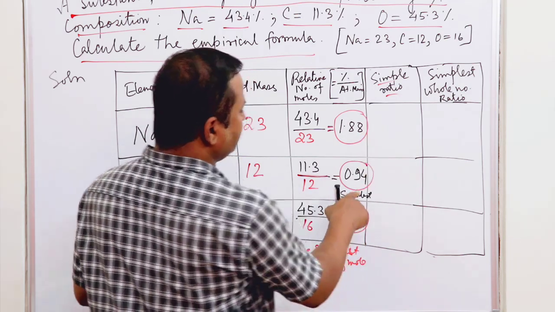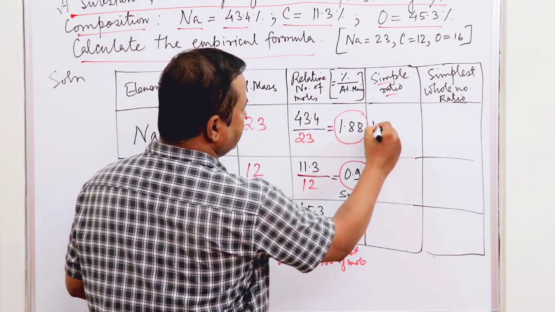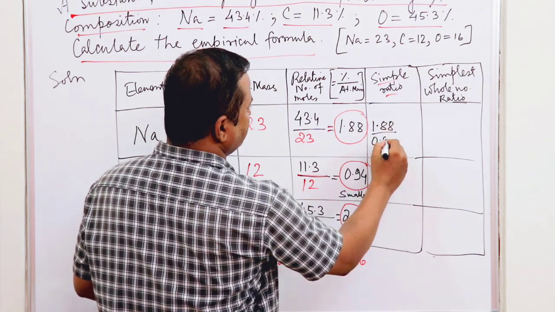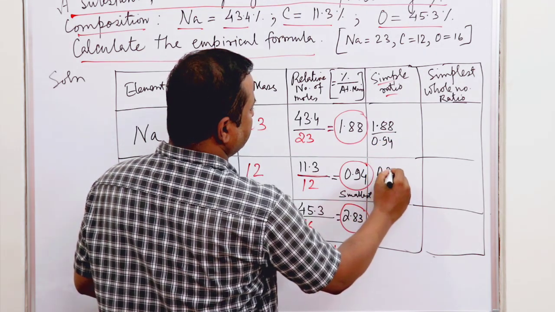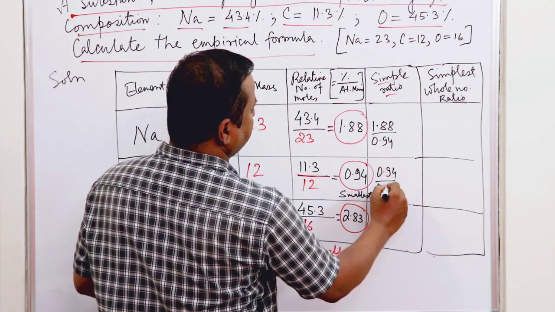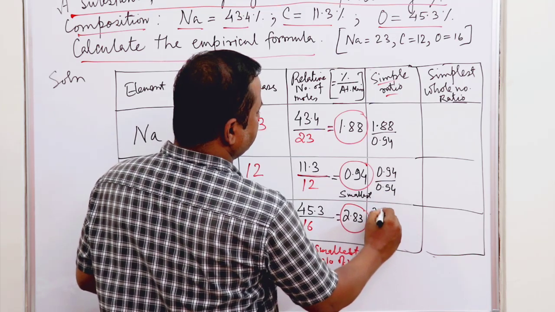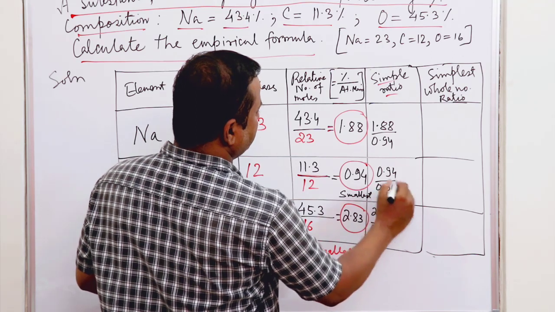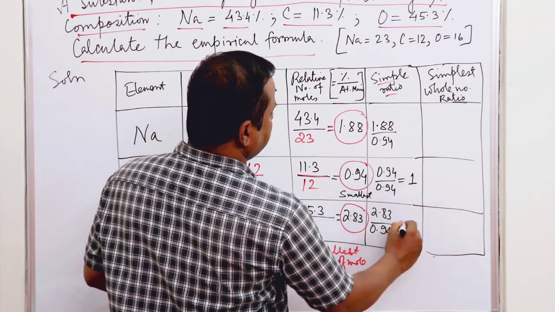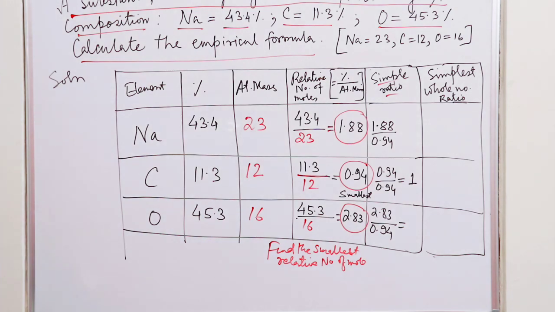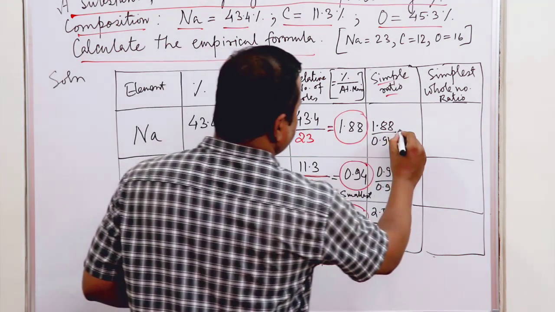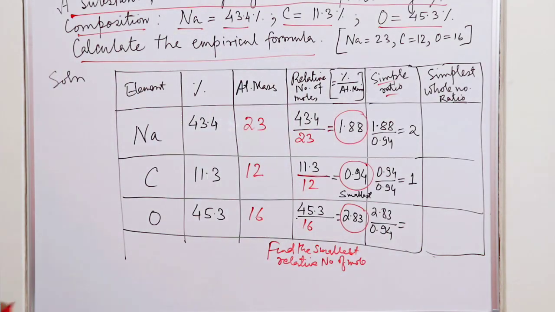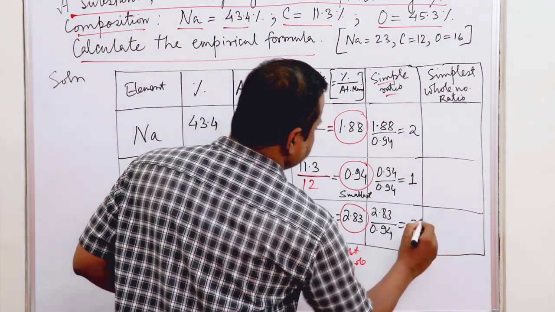So we divide all these numbers by 0.94: 1.88 divided by 0.94, then 0.94 divided by 0.94, and 2.83 divided by 0.94. Obviously this will come as 1. When we divide 1.88 by 0.94, it comes out to be 2. And when we divide 2.83 by 0.94, it comes out to be 3.